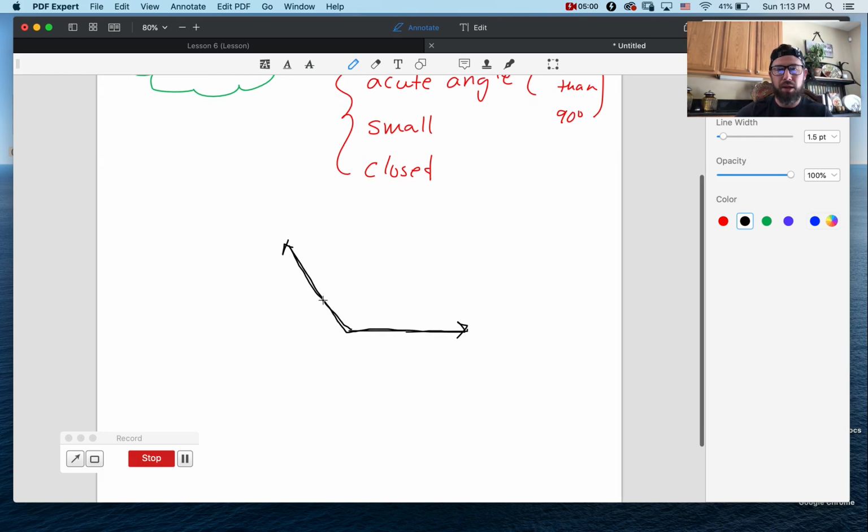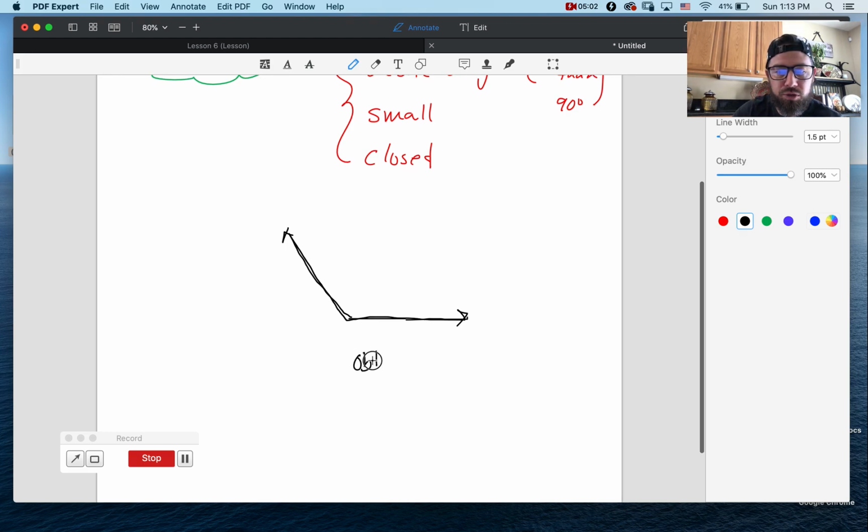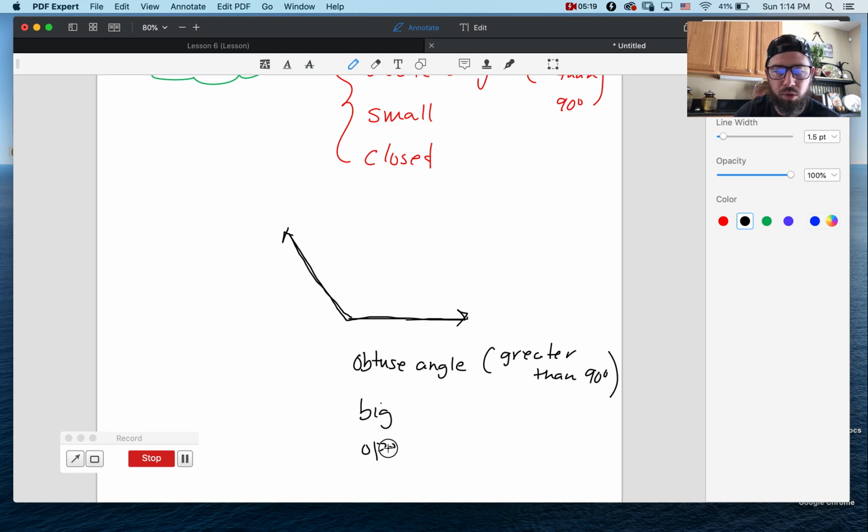He's open now. I opened him up. This is called an obtuse angle because he's greater than 90 degrees. In this lesson only, we'll call him a big angle, or we'll call him an open angle.